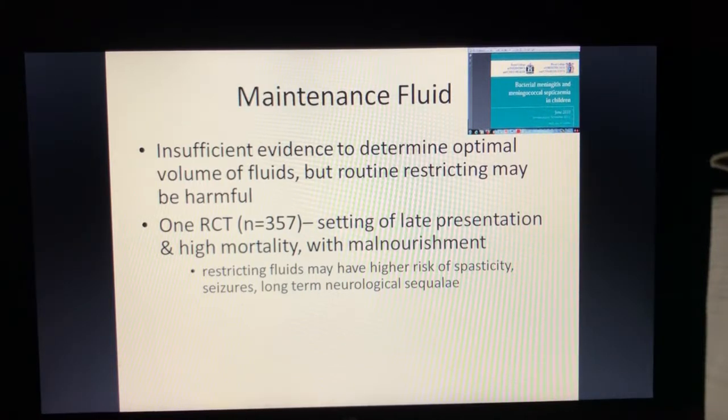That's spasticity at 14 days with a relative risk of 0.53 and seizures at 72 hours, relative risk of 0.62, and both the confidence intervals were below 1.